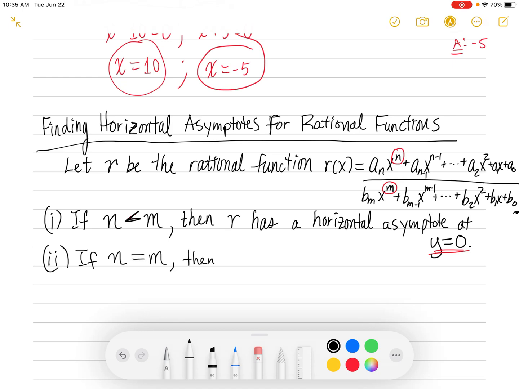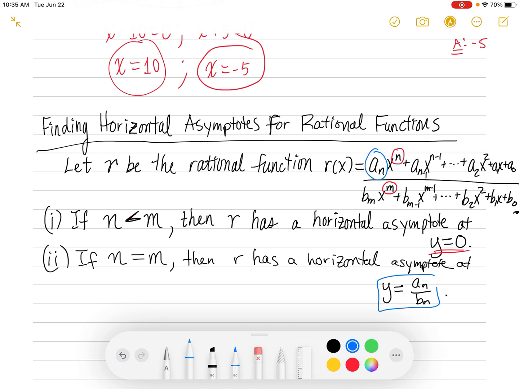What if the degree of the top is equal to the degree of the bottom? Then that means r has a horizontal asymptote at y equals a_n over b_n.